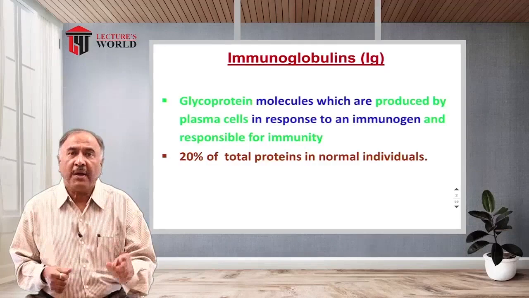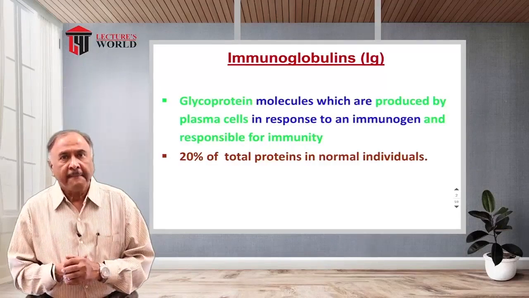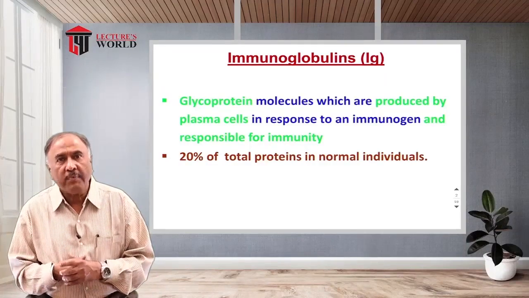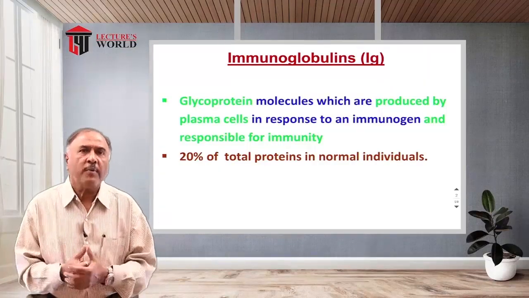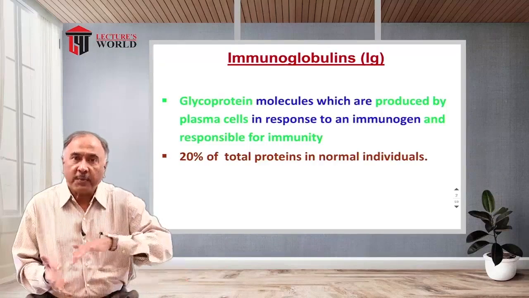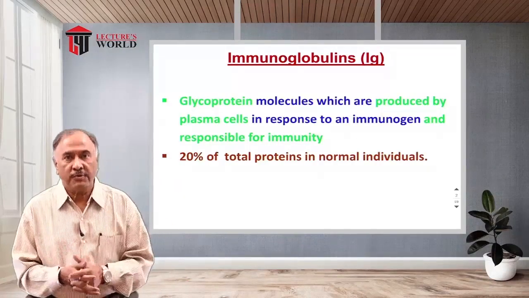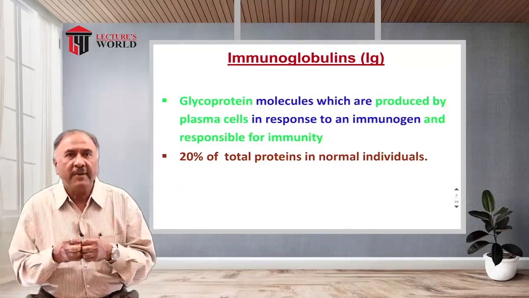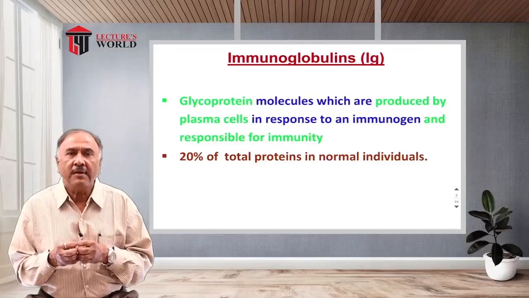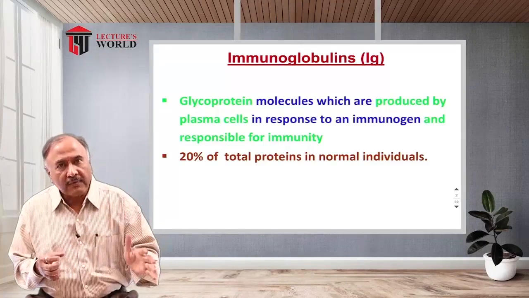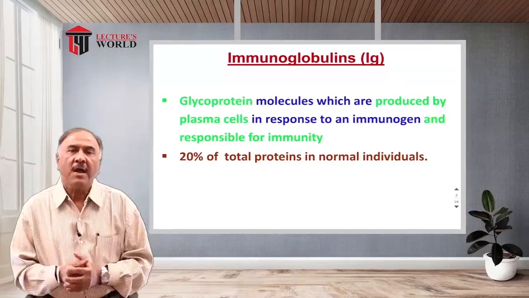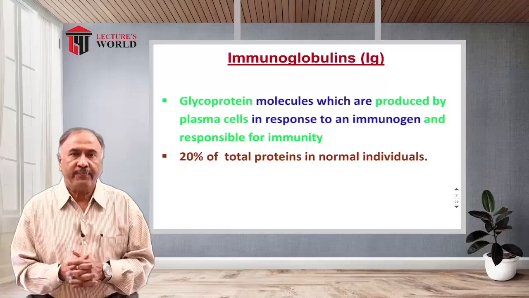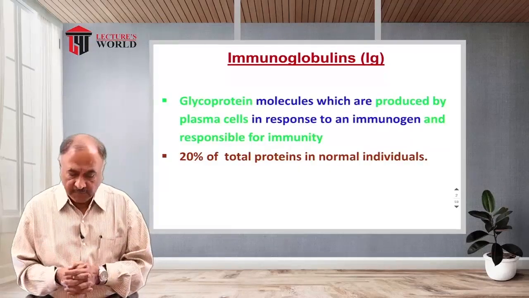It means to impart resistance. How is it going to impart the resistance? Because it is very simple that these glycoproteins which are produced in response to the immunogen will bind with them, and as a result these immunogens, that is the antigens or the foreign molecules, are destroyed by different mechanisms.